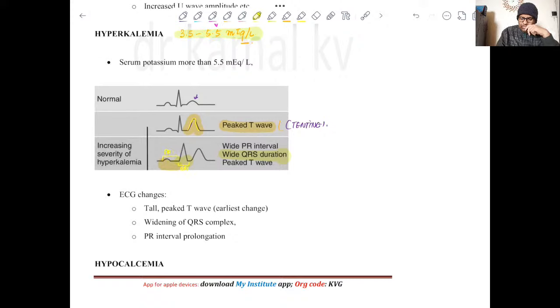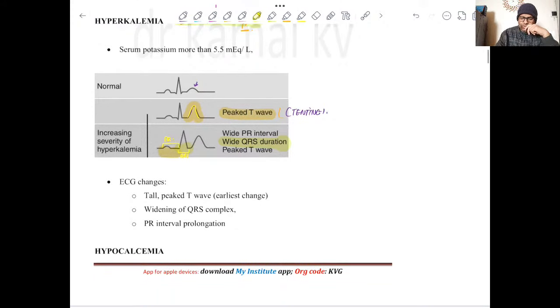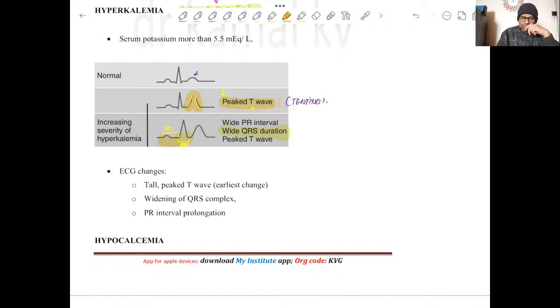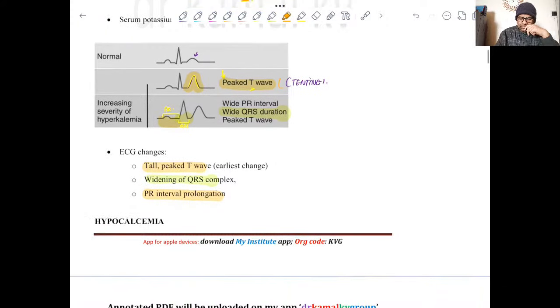Clear? So these are the three important ECG findings which you should remember from exam point of view. But yes, of course, at least one should remember tall peaked T waves. Clear? So these are different ECG changes: tall peaked T waves, then widening of QRS, and PR interval prolongation.